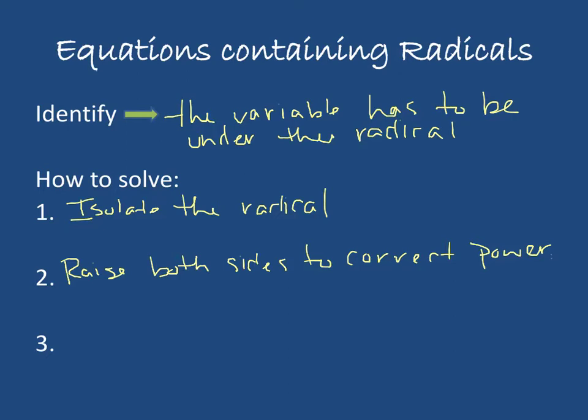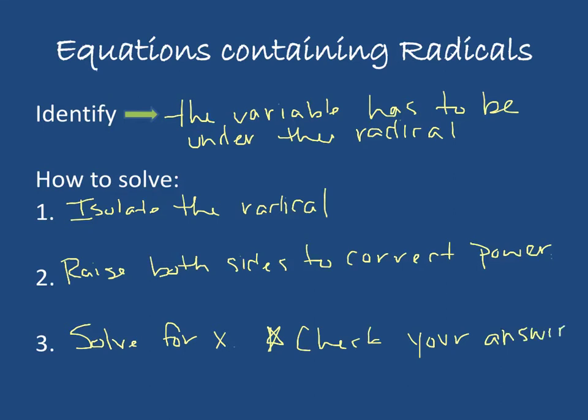If it was the cube root, you would cube both sides. After we raise both sides to the correct power, then you're just going to solve for x. For these problems, it's important that you must check your answers. Very important, for these problems, you have to check your answers.